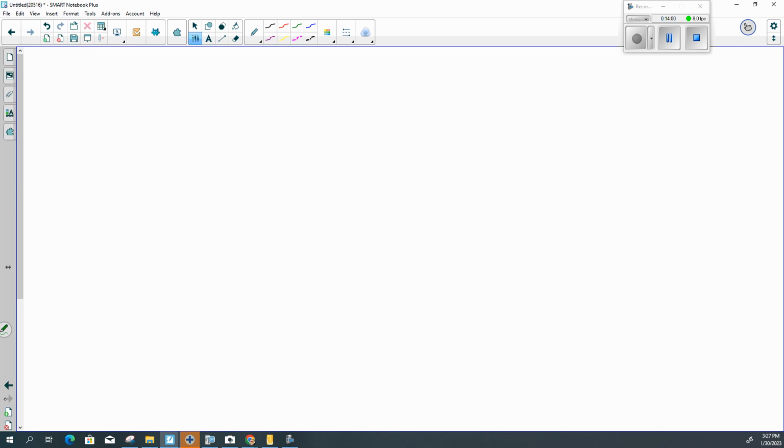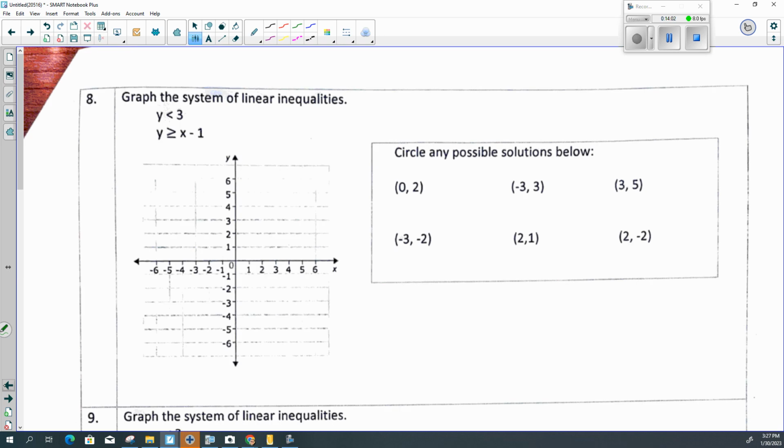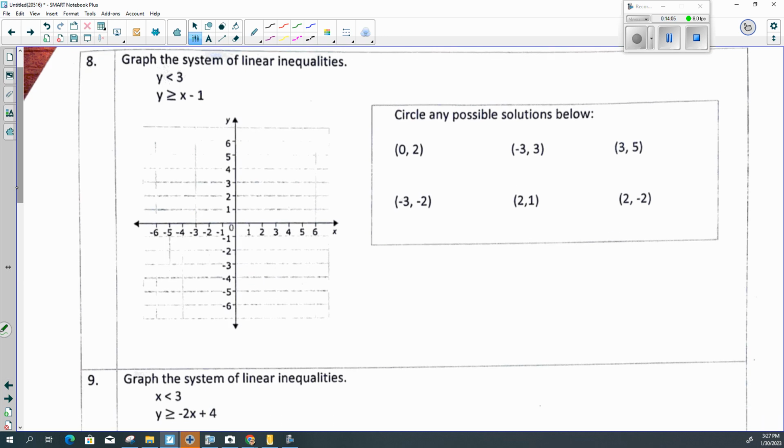Why isn't it going? Oh, there we go. Okay, these are inequalities, so please shift gears with your brain. Think dashed lines, solid lines, shading above, shading below, lots of things to think about. This is a horizontal line on 3.